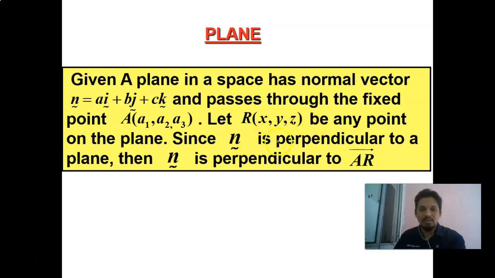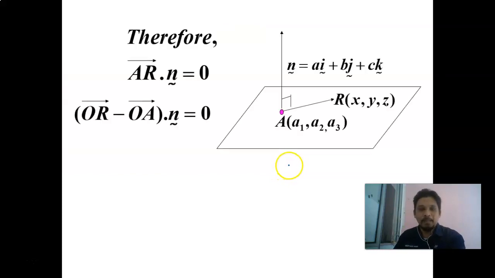Since n is perpendicular, perpendicular means that it forms a 90-degree angle to the plane, then n is perpendicular to AR. Imagine that this is a plane, a surface something like this, and there is a coordinate A, B, and C, or might be a vector A here.